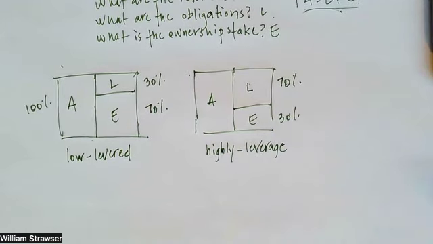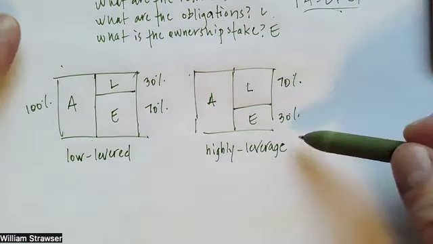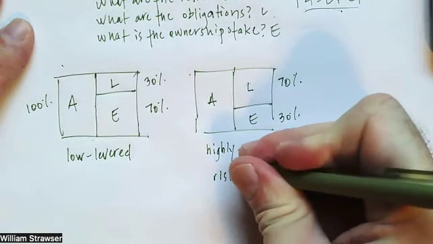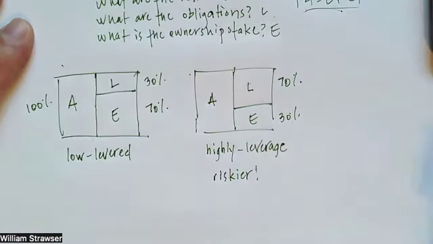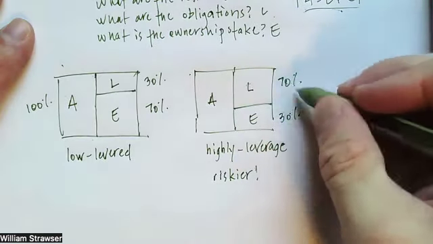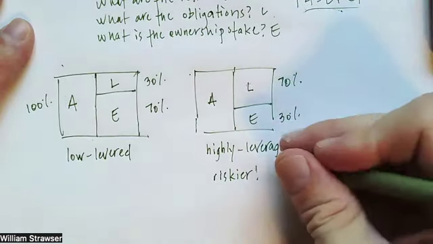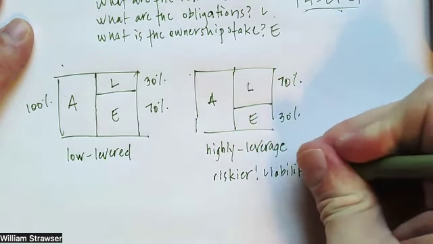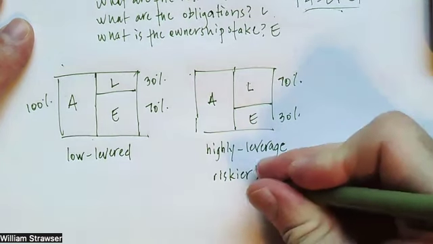Okay, there are some inherent issues with a highly levered company. It's riskier. Why is it riskier? Because if it's funding this much of its operations with liabilities, liabilities have to be paid off.